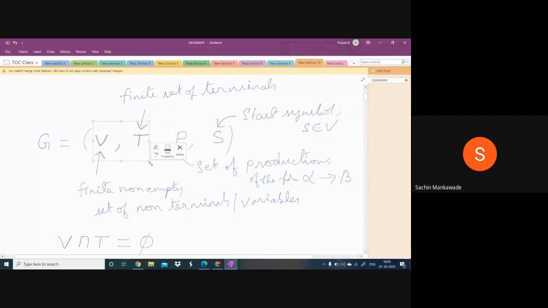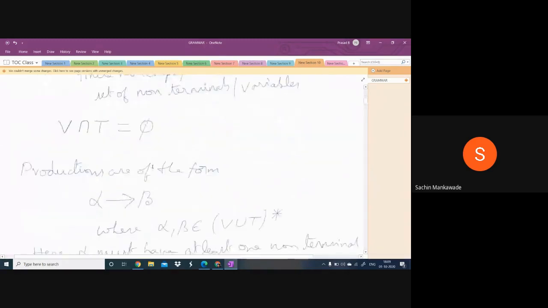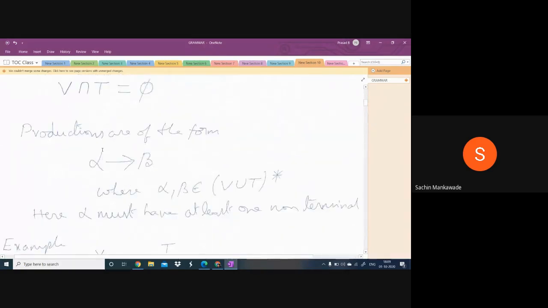Alpha and beta can be any combinations of terminals and non-terminals. There is only one condition: whatever we take on the left side of the arrow, that is alpha, must have at least one symbol from V, that is, at least one non-terminal.